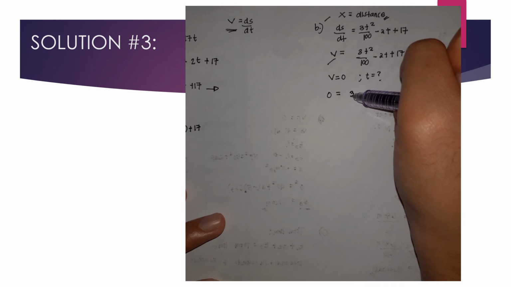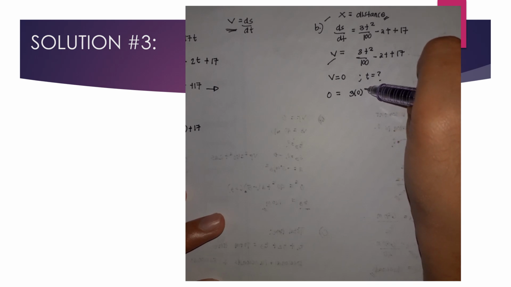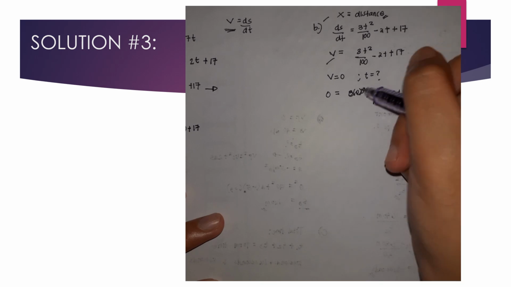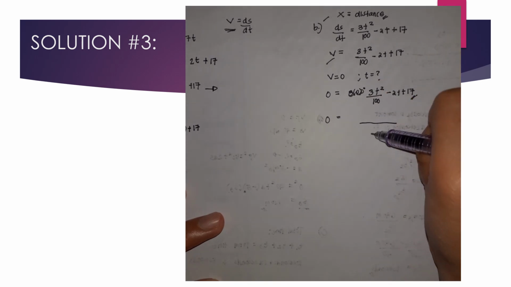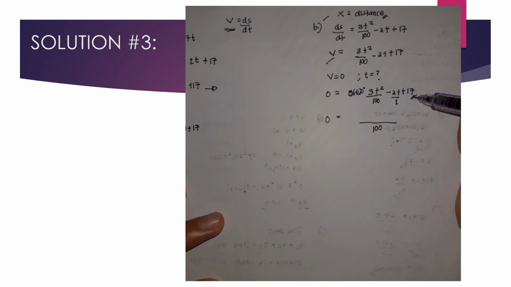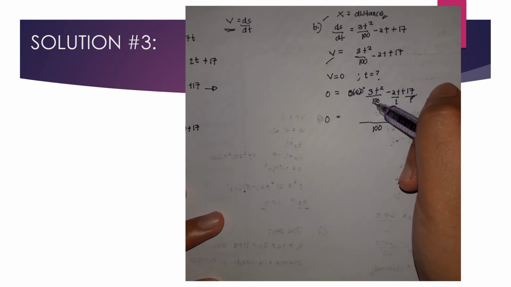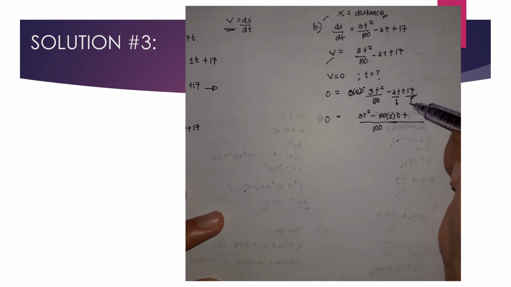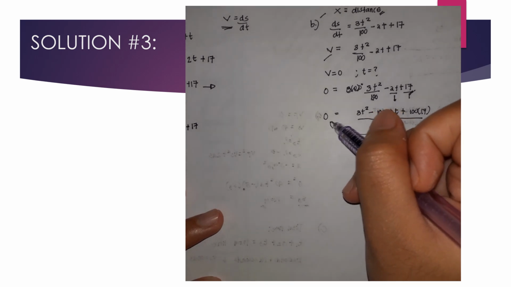So 0 is equals to 3t squared over 100 minus 2t plus 17. Simplifying, we multiply everything by 100: 3t squared, 100 times 2t, and 100 times 17.